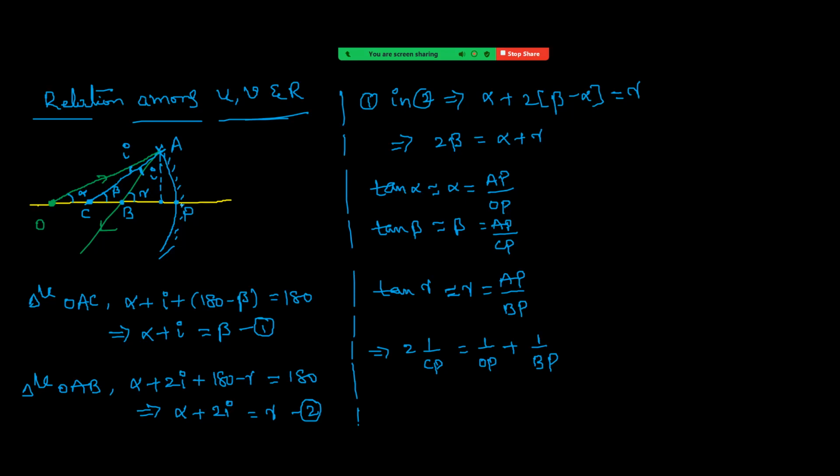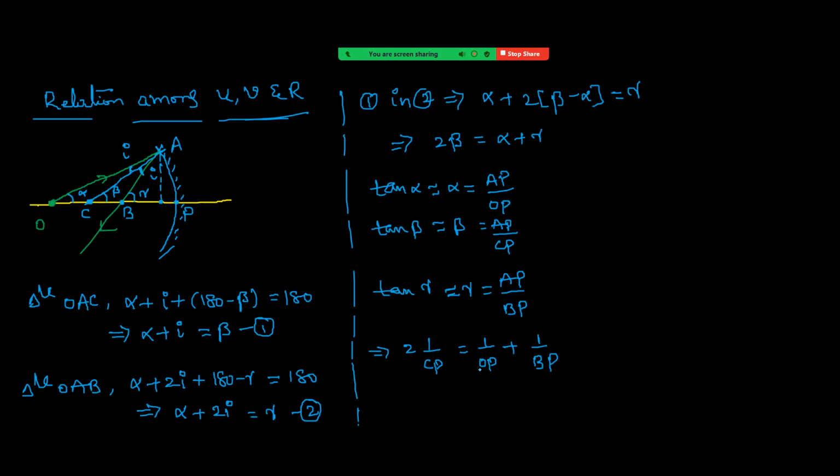But remember, we have given the condition that u, v, and R are coordinates. And according to our sign convention, light rays are traveling towards the right side. Therefore, right of the pole is the positive x-axis, left of the pole is the negative x-axis. That means these coordinates are negative. u is negative, v is negative, R is negative. But here CP is a distance, the radius of curvature.